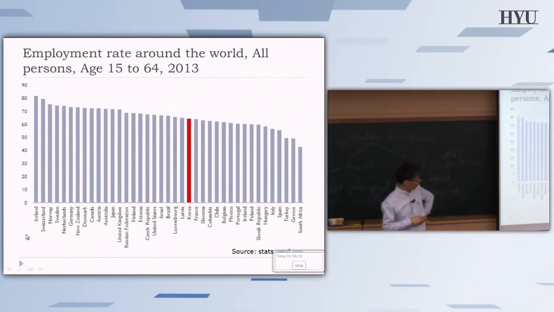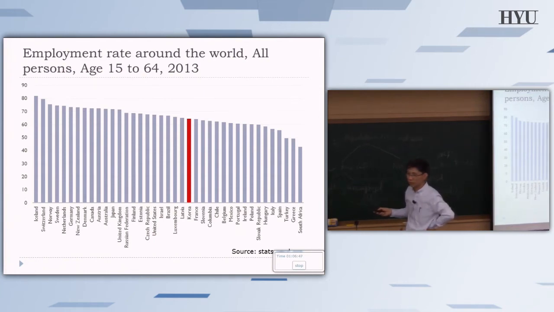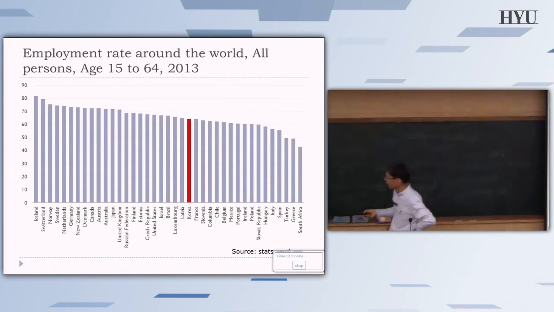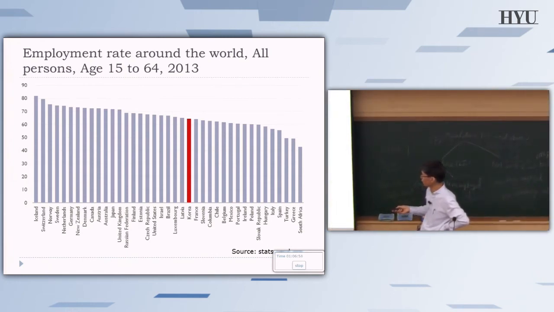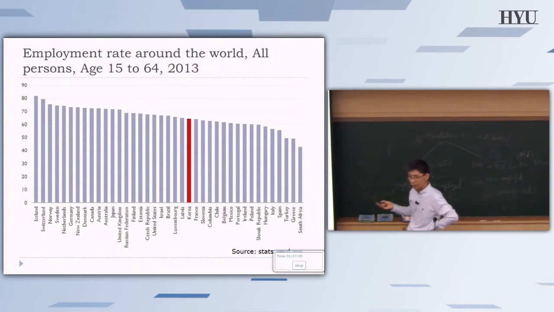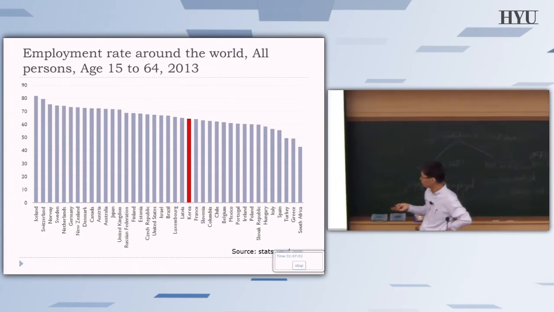Korea's employment rate is not high. Okay? So Korea's employment rate is about 65%, I think. If you look at the other countries, a lot of countries are way above 70%. The highest, Iceland, like 80%, Switzerland, Norway, Sweden, Netherlands, all these countries, like Japan. Employment rate of Japan is higher. Okay?